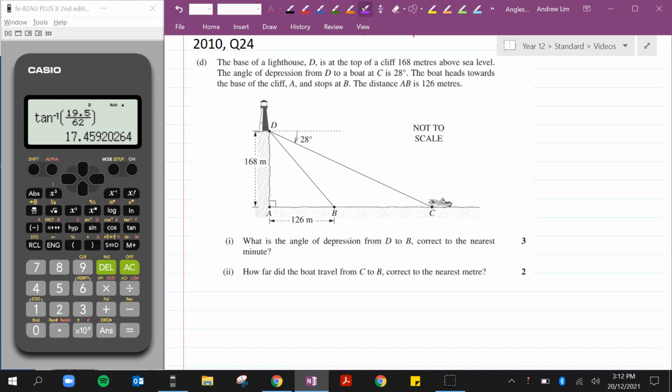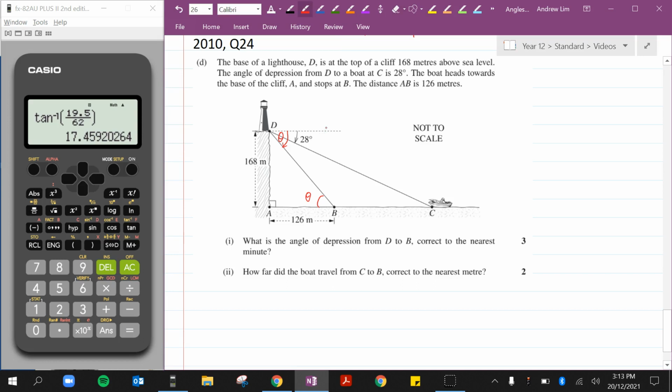So it's asking us to work out what this is equal to. I'm going to call that theta. Now, because angle of depression is equal to the angle of elevation, maybe I'll just draw that in. That means that this bit here is also theta.